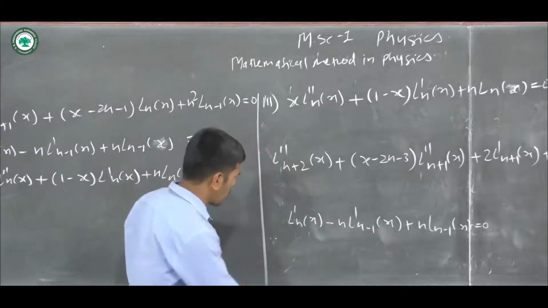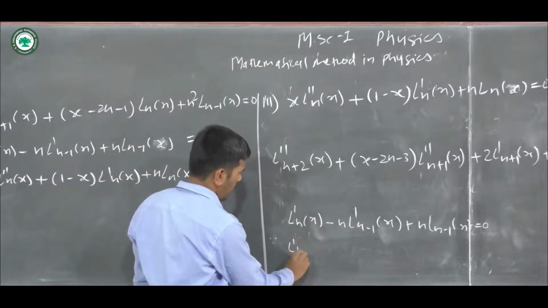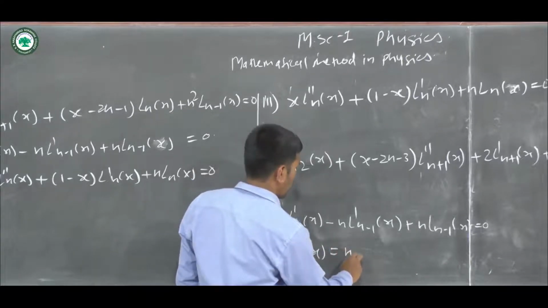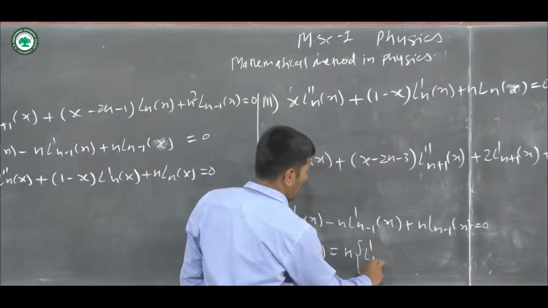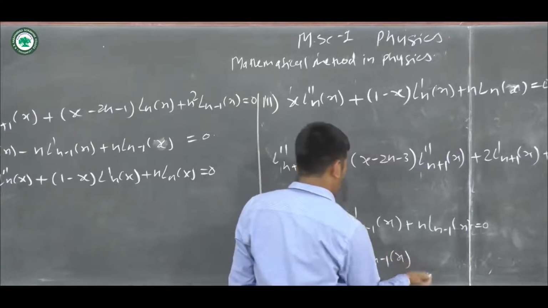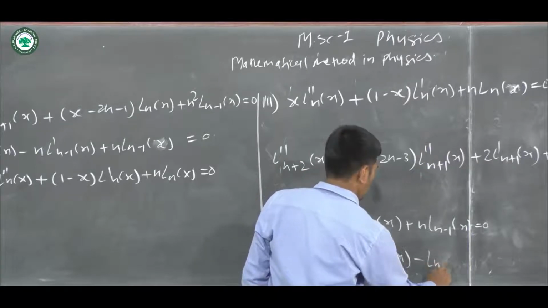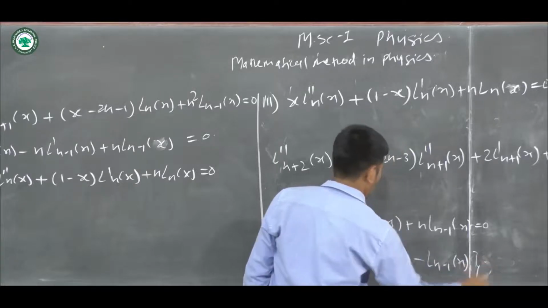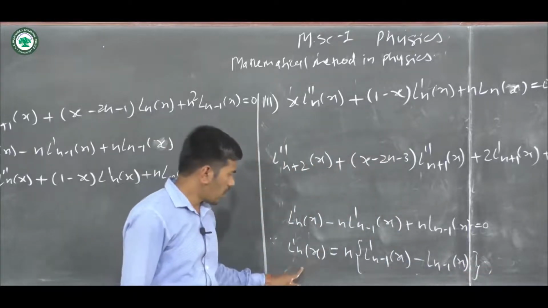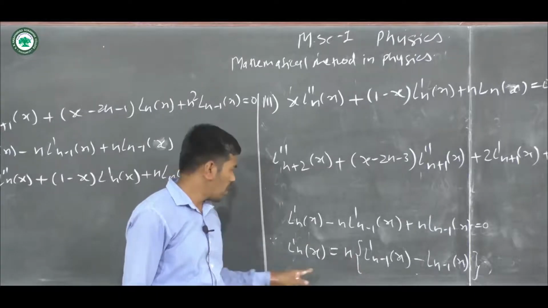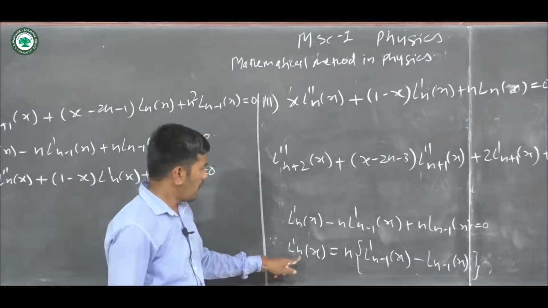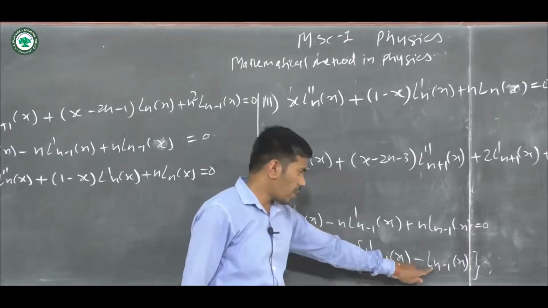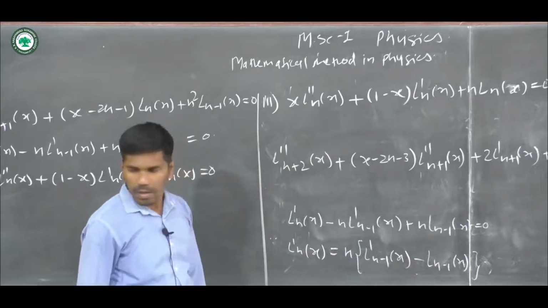Okay, so we can write L_n'(x) is equal to n L_{n-1}'(x) minus n L_{n-1}(x), this is the left hand side and the right hand side. So this is the L prime we have, which is equal to n into bracket L_{n-1}'(x) minus L_{n-1}(x).